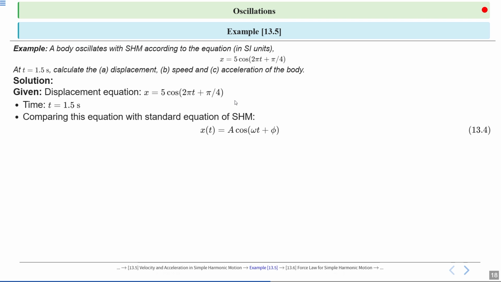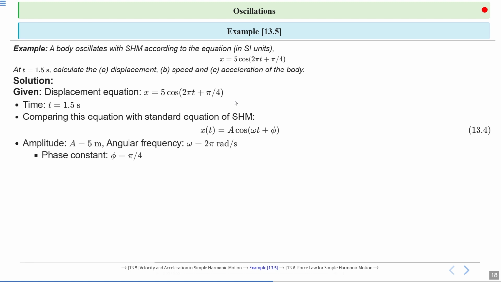Comparing this equation with the standard equation of SHM, x of t is equal to A cos of omega t plus phi. In this form, A is the amplitude, omega is the angular frequency, and phi is the phase constant. Amplitude A equal to 5 meter, angular frequency omega is equal to 2 pi radian per second. Phase constant phi equal to pi by 4.